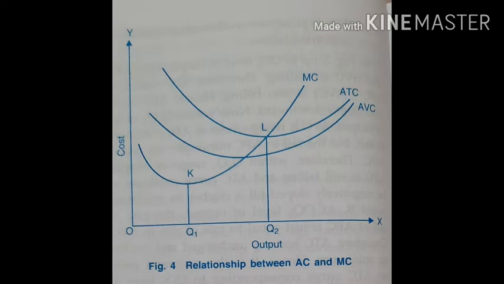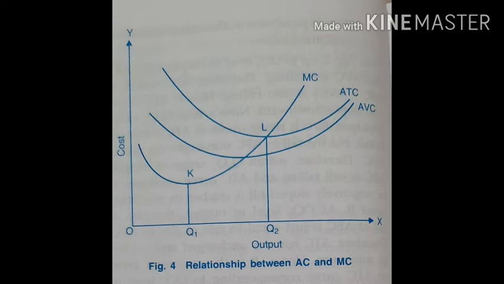Now when you are talking about all this, we are only talking about the direction of movement of average cost and the magnitude of marginal cost. I repeat myself: when we say that when marginal cost is less than average cost, average cost is falling, we are talking about the direction of movement of average cost but the magnitude of marginal cost.